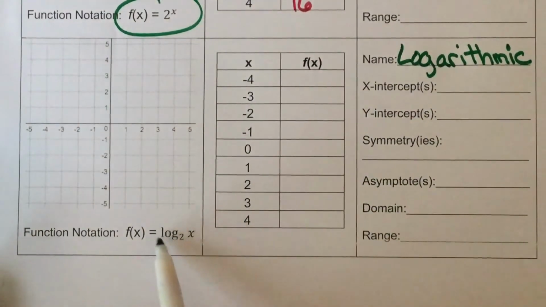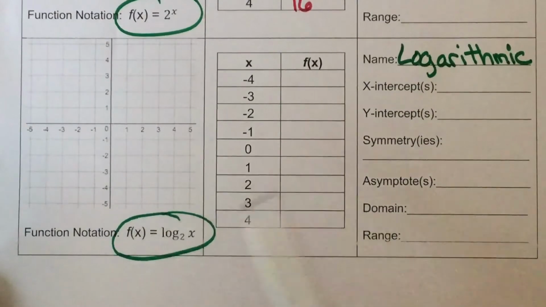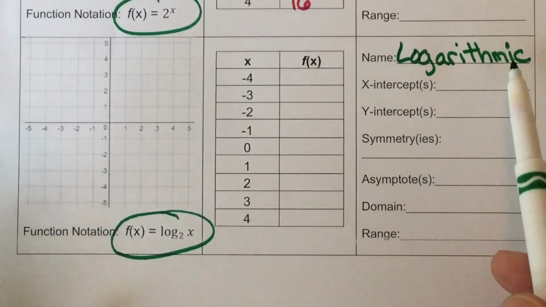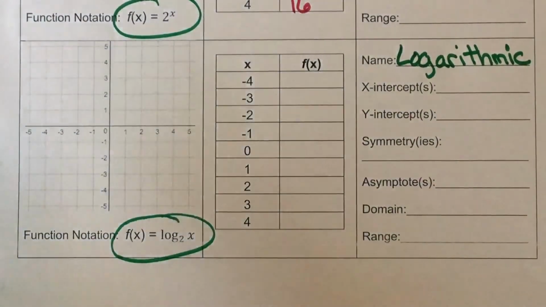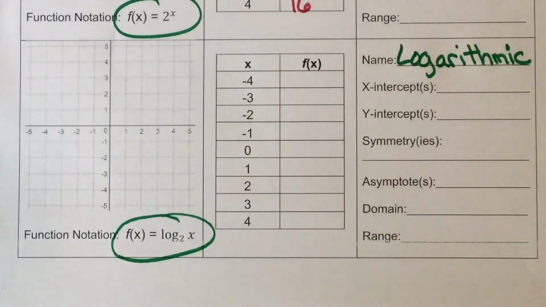So you see the word log in here. So if you see an equation that has the word log in it, that's called logarithmic. Okay, I'm going to show you how to put this in your calculator, but then I'm going to let you finish the whole thing for yourself. But I am going to show you how to put that in your calculator.